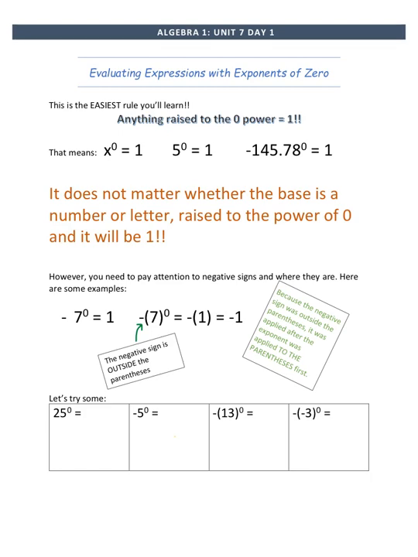But the next example, the negative sign's outside the parentheses. So you apply the 0 power to the 7. The negative sign is like saying -1 times 7 to the 0.